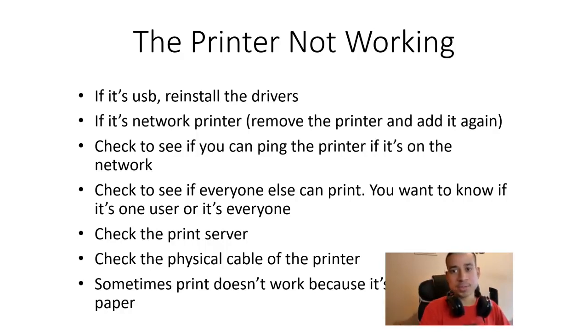Then have them do a test page by right clicking on the printer and hitting printer properties, test page, or print a test page from a Word document. For a network printer, remove the printer and add it again.